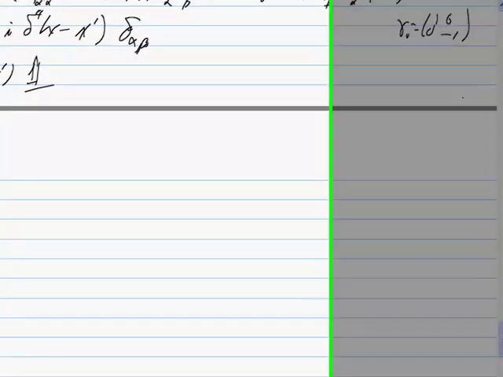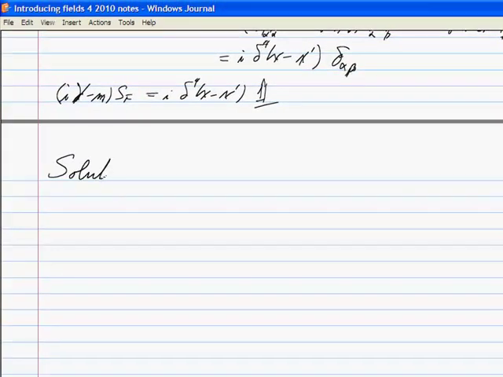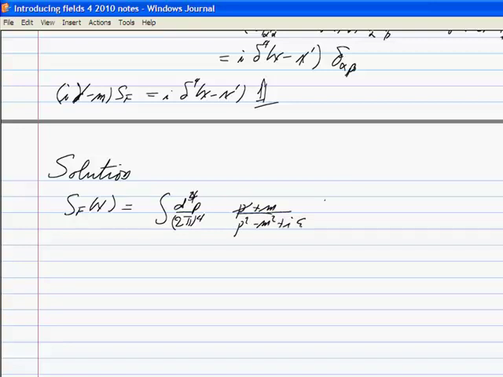S_F of x is the integral d4p over 2 pi to the 4th, (p slash plus m) over (p squared minus m squared plus i epsilon), e to the minus i p dot x.